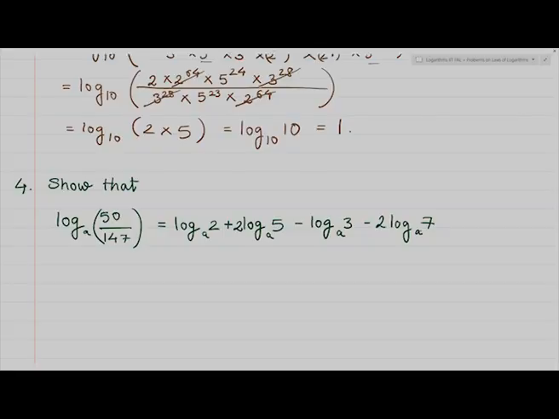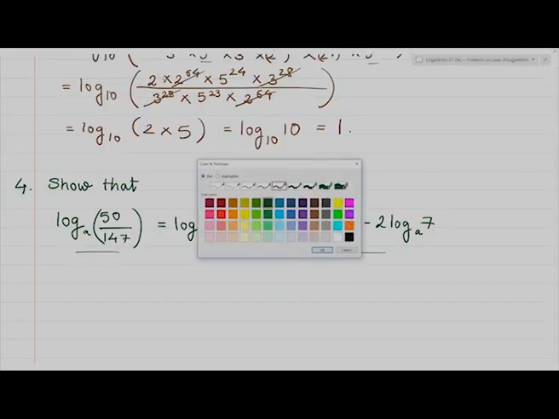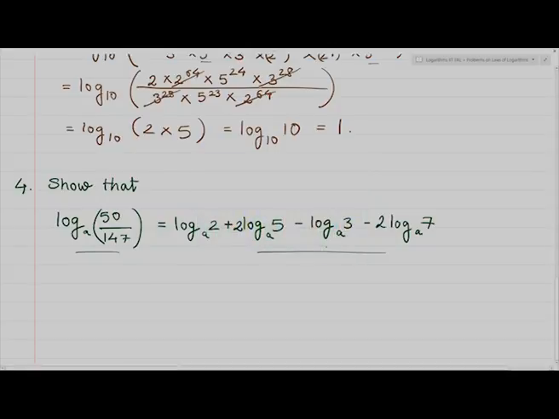So, let us try. There are two ways to do this problem. One is you start with the left hand side and prove that this is equal to right hand side, or you start with the right hand side and prove that this is equal to left hand side. So, let us take a brown color.